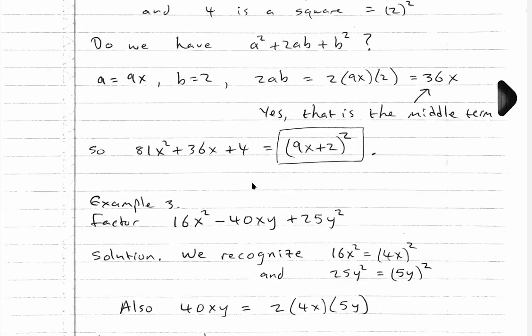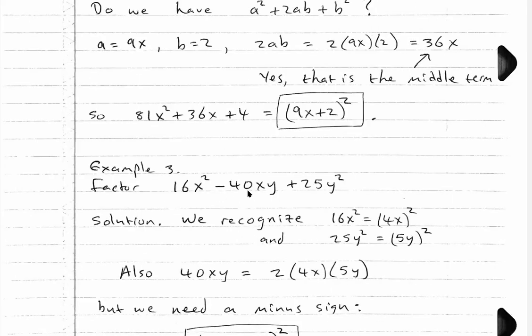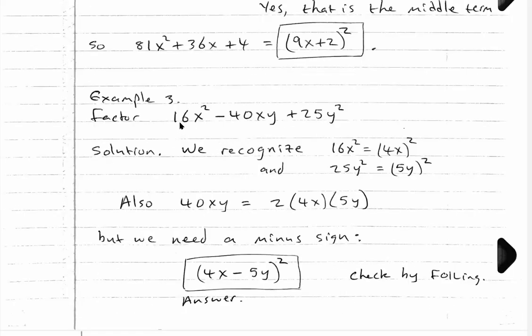Okay, one more with a negative. You can see this is 4x quantity squared, this is 5y. In the middle, ignoring the sign for a second, 40xy is 2 times 4x times 5y.